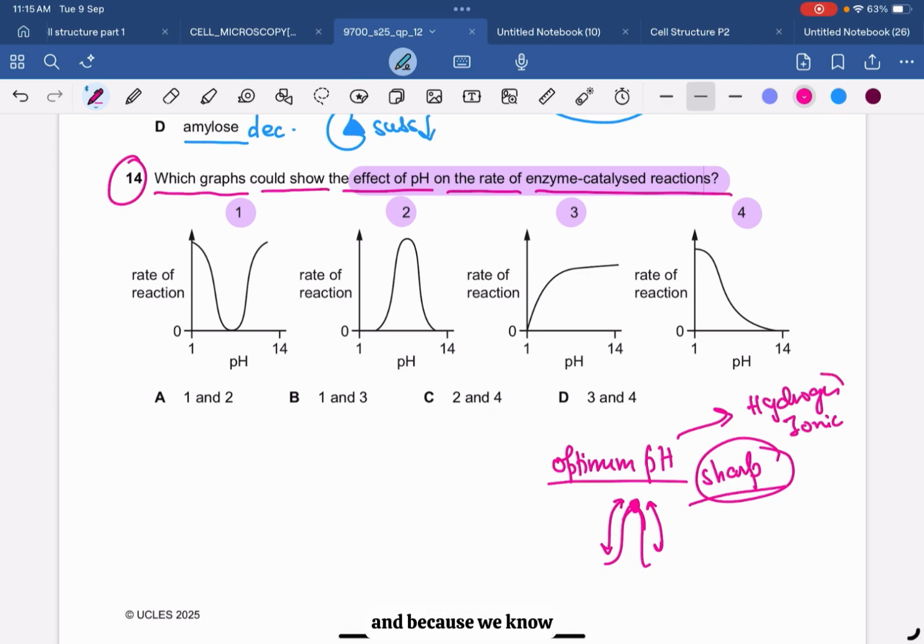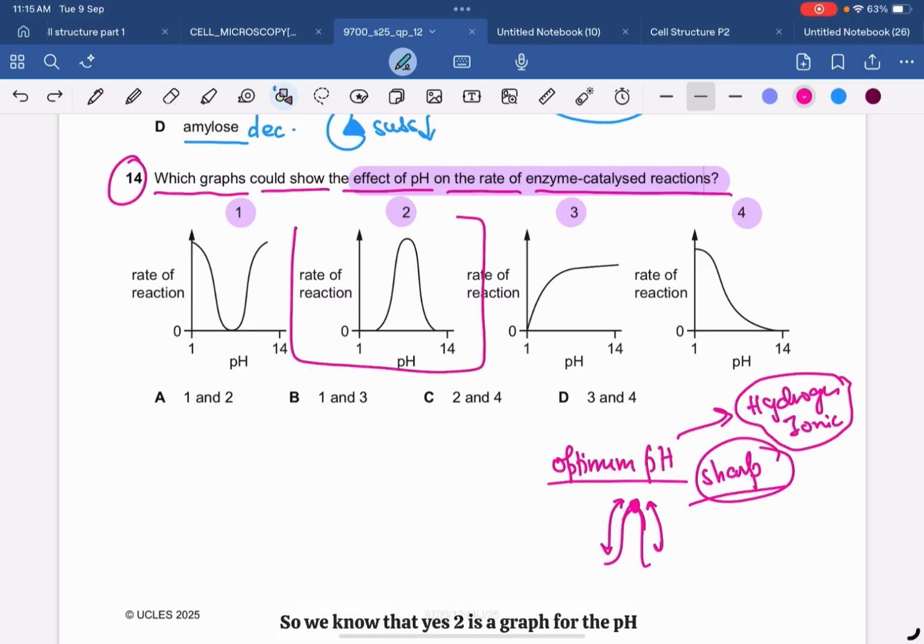And because the enzyme most probably has a tertiary and a quaternary structure, if the hydrogen and the ionic bonds are disturbed, it may change the enzyme's active site and cause denaturation of the enzyme, for which the rate of reaction would decrease. So graph number 2 is a very popular graph for the pH. So we know that yes, 2 is a graph for the pH.